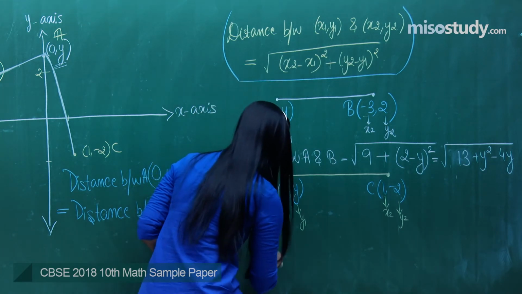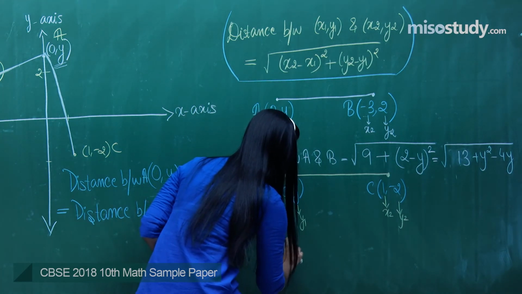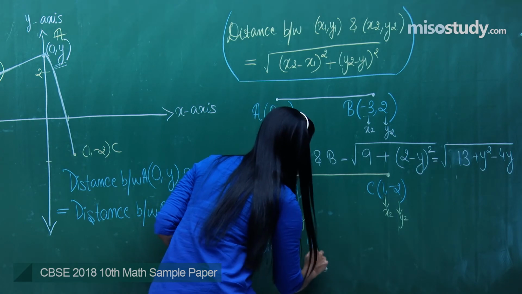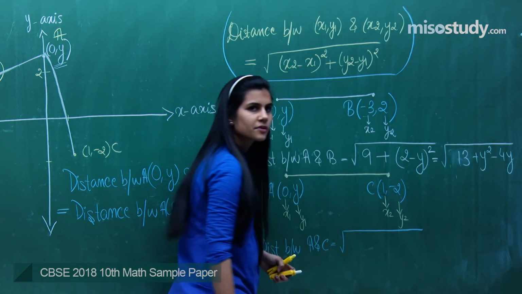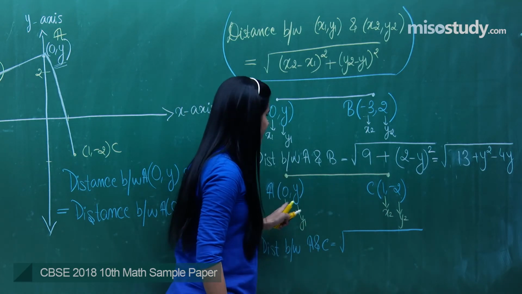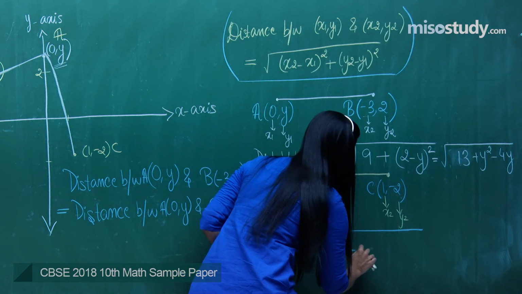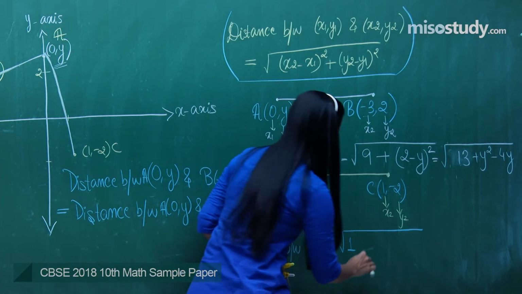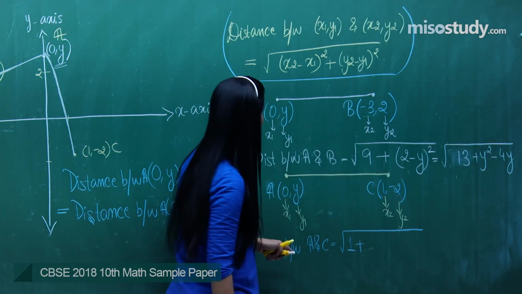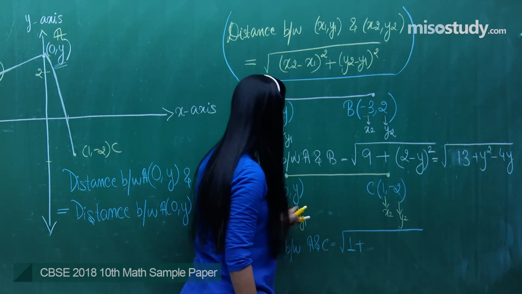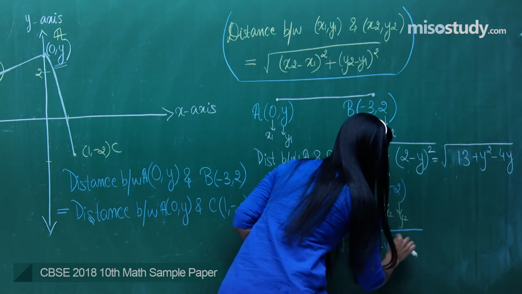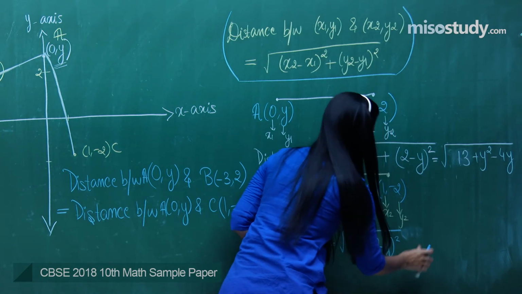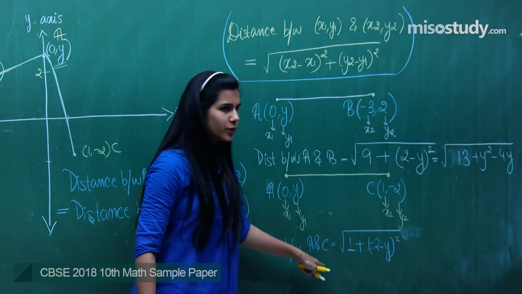So the distance between A and C is under root (x2 minus x1), 1 minus 0 whole square, which is 1, plus (y2 minus y1), minus 2 minus y whole square. This is the distance between A and C.